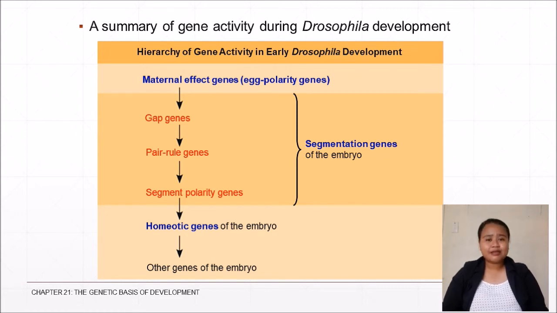After the segments are established, the homeotic gene will work and specify the anatomy present in each segment. So there is the formation of the antenna in the head, the legs, and the wings. So basically, these processes sum up the early development of a Drosophila.